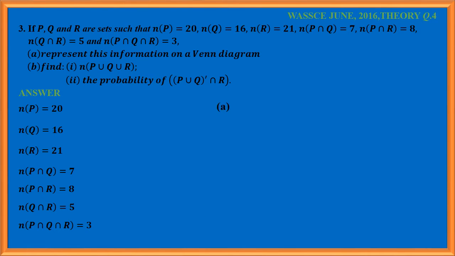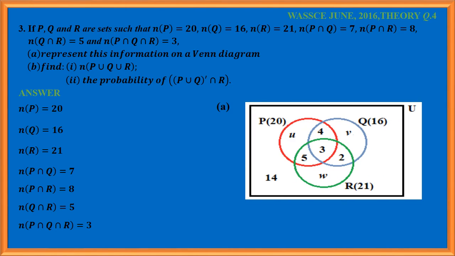Representing this on a Venn diagram, which represents our A, we should have three circles in a rectangle, and this is our Venn diagram.